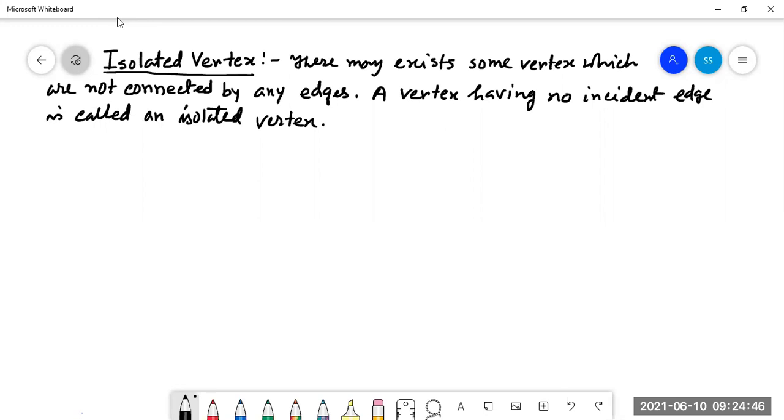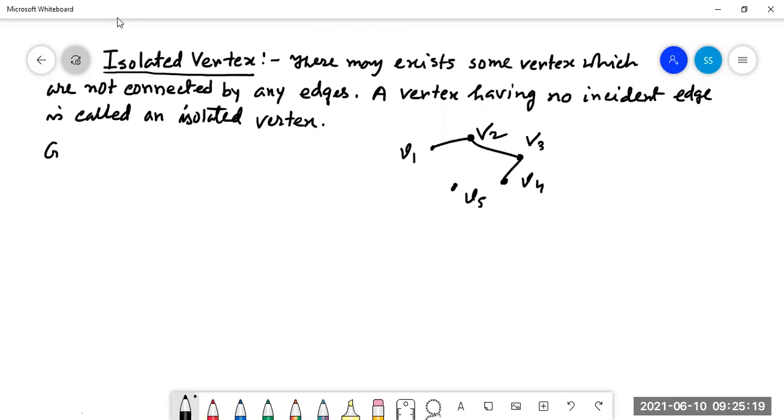So isolated vertex means there may exist some vertex which is not connected by any edge. A vertex having no incident edge is called an isolated vertex, right? Look here. If we make a graph with V1, V2, V3, V4, and here is V5.